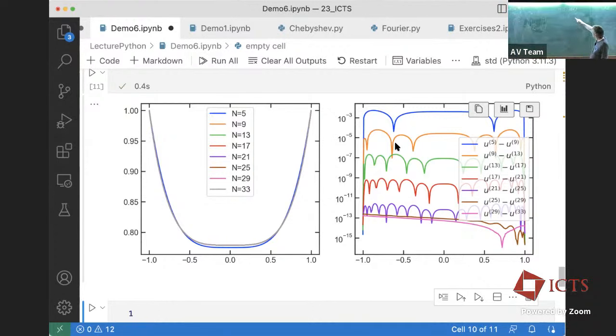And this number k to the fourth, if I'm having, what do I have here, 25 points, well, 25 to the 4 is already a few orders of magnitude. This is what causes the error to be magnified from 10 to the minus 16 to 10 to the minus 13. It's just that the derivatives are increasing the size of numbers, and that takes away from the available dynamic range of floating point numbers. Okay.